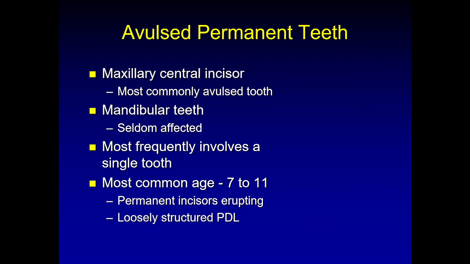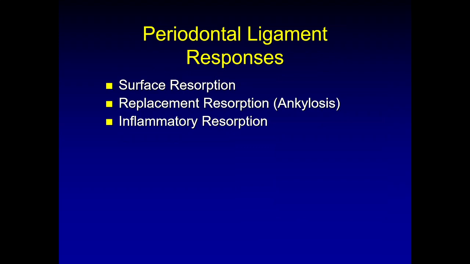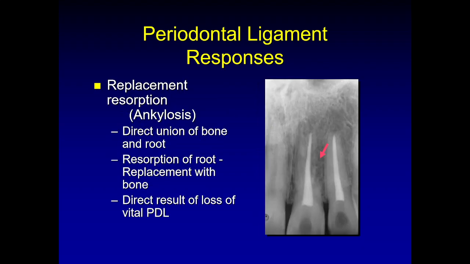Okay, let's talk about first the permanent tooth. The most common permanent tooth to be avulsed is the maxillary central incisor. So what will happen? The patient comes to you and he will mostly be bringing the tooth in the hand or wrapped in a tissue.